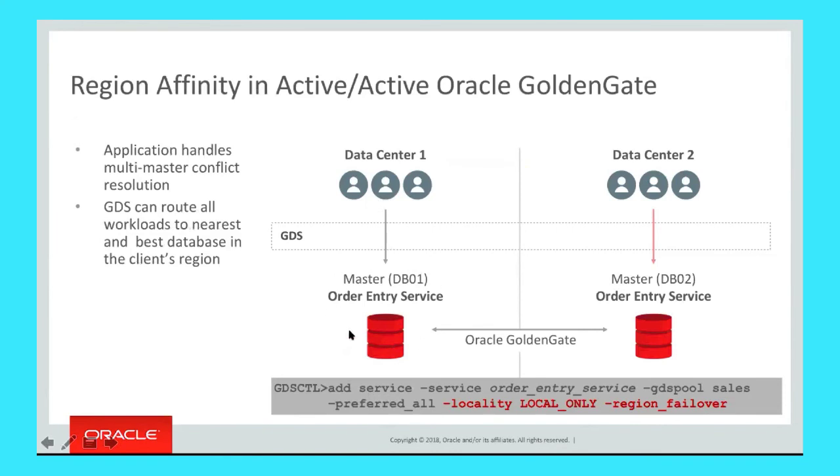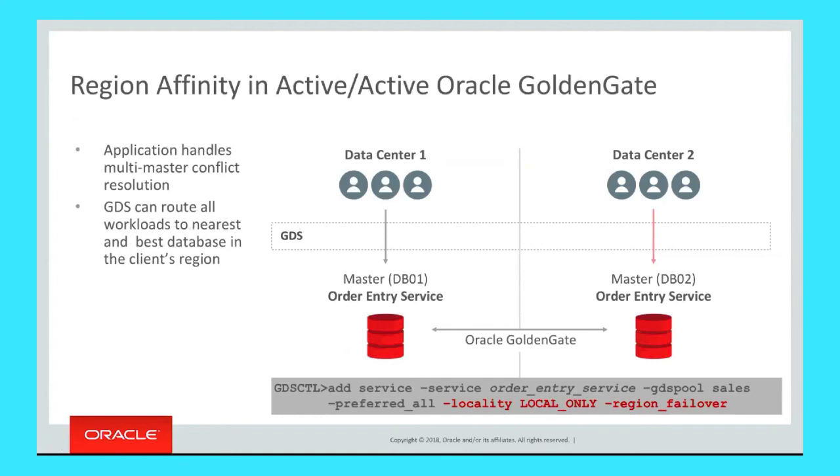And if the database in the local data center is not available, as a second option, you have a region failover. That means you could go across to the other data center as a second option, right? So locality, local only is your preferred choice. And if that database is down, you can always go to the second database in the pool.